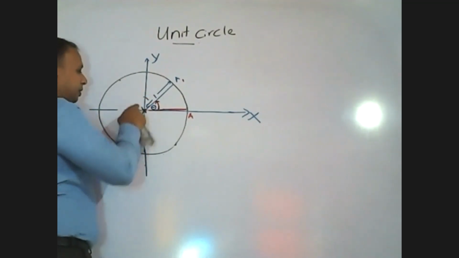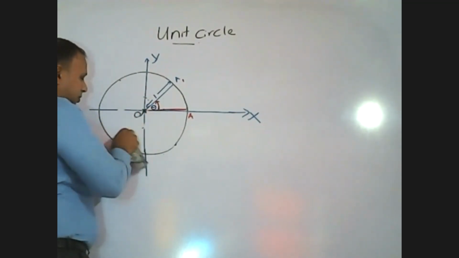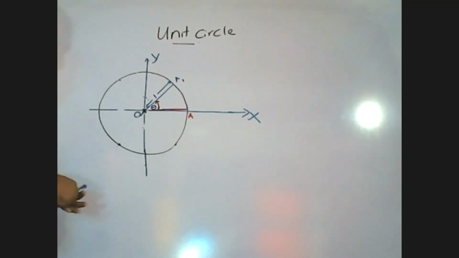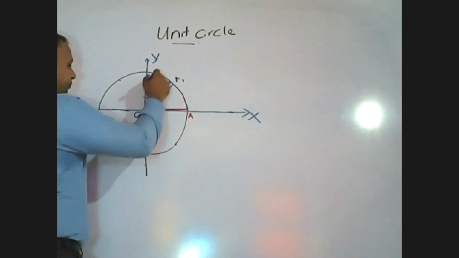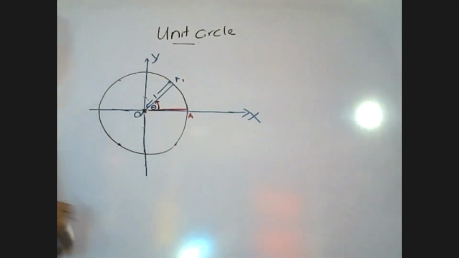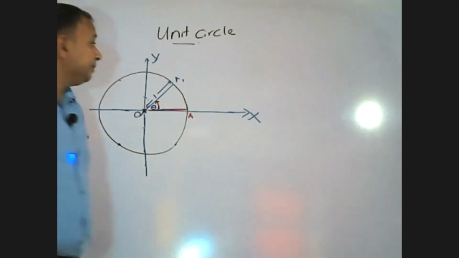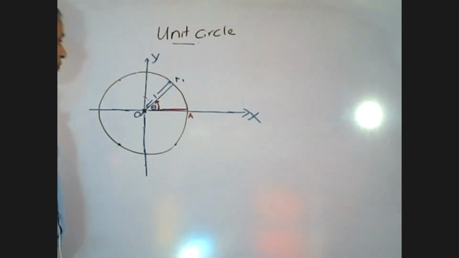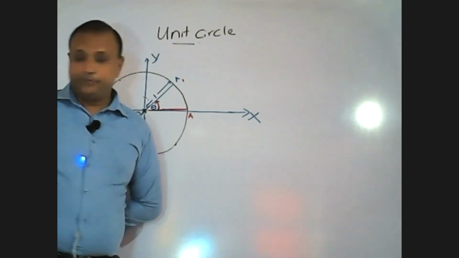Okay, write a topic. Unit circle. Write under this. Write another topic. After that, you can draw this sketch.